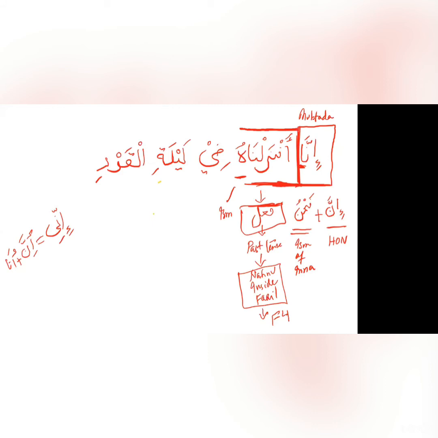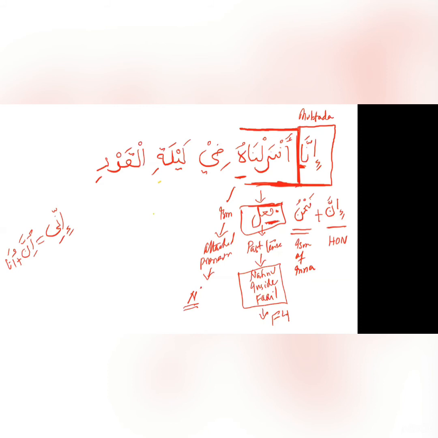Okay, who is your attached ism? It is an attached pronoun. What are the four properties? Nasab and jar. Because it's attached to a fail, so it will be nasab. Because we have already decided that this is fail, an attached pronoun to a fail will only be nasab.